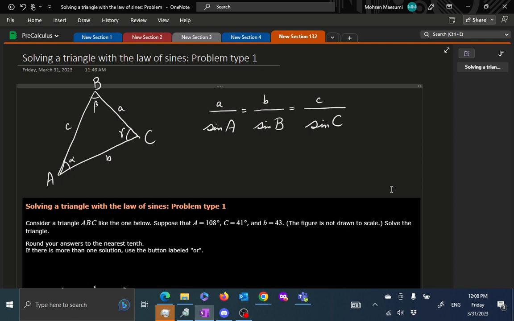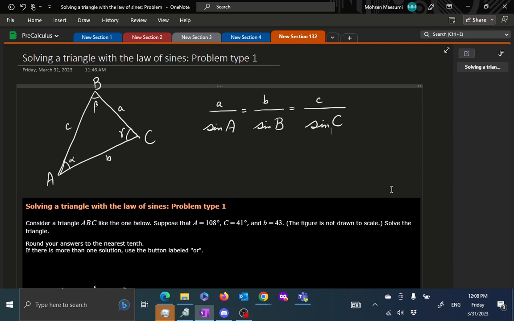A triangle has many pieces, at least 3 sides, 3 angles, and lots of other things. Solving means finding all these 6 quantities. Typically, 3 of them are given, and you want to find the other 3.